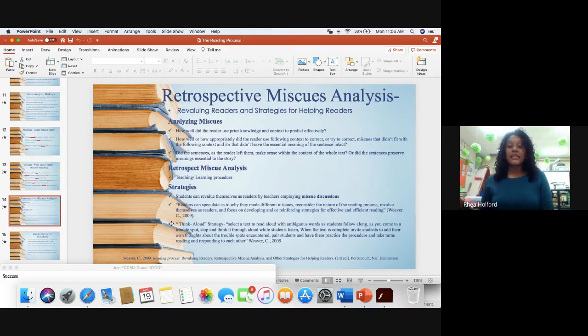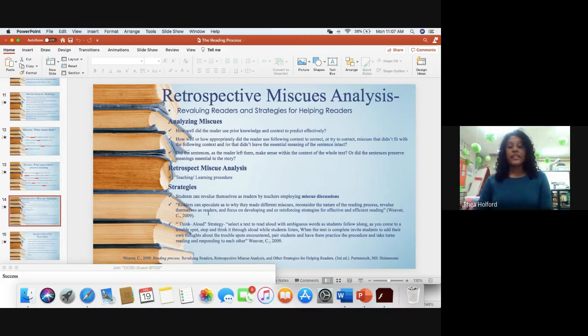Did the sentences, as the reader left them, make sense within the context of the whole text, or did the sentence preserve meanings essential to the story? So, retrospective miscue analysis. You want to look at teaching and learning procedures.